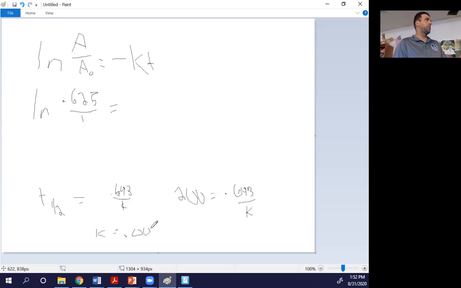It ends at 3465, exactly 5, so it would go to the even number: 0.00346. And that would be inverse seconds, wouldn't it?